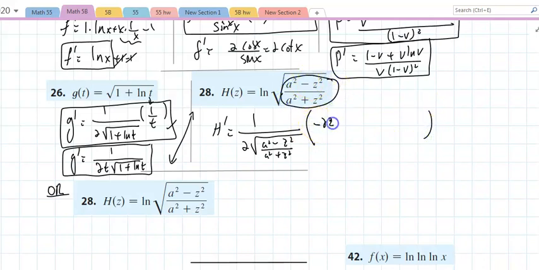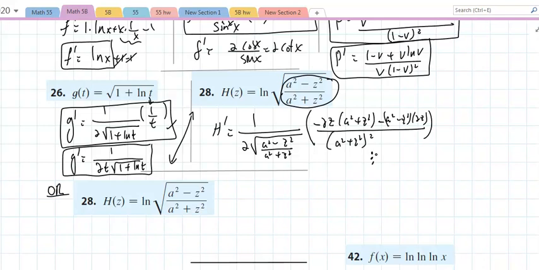Derivative of the top times the bottom minus the top times derivative of the denominator all over the denominator squared. And this would be a lot of fun for you to finish as a practice and get an answer. I do mean that. I'm not being sarcastic with you. This is something I really enjoy.